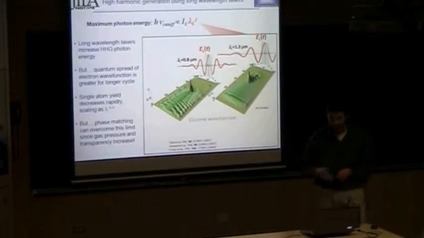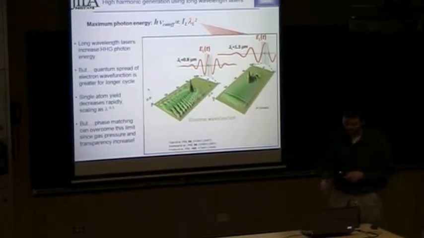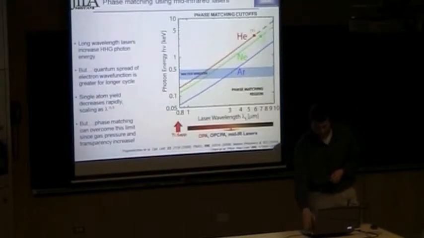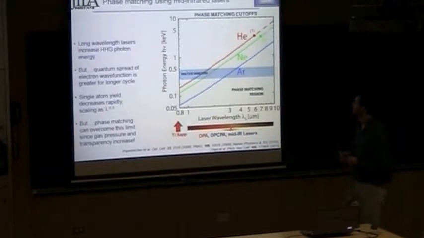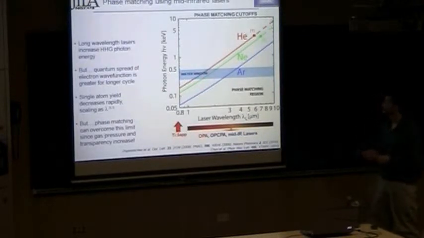But what we're going to argue is that while the single atom scaling doesn't look very promising, if you consider the full phase matching picture, you can still come out ahead. Here are some calculations, based on that delta k equation that I showed earlier.